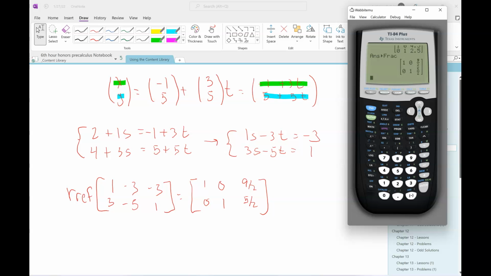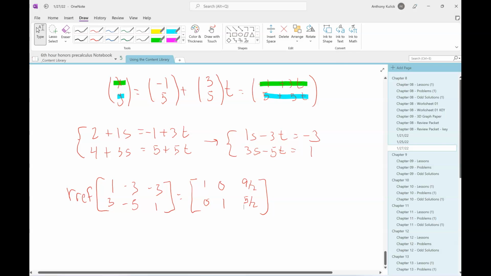Okay, now somehow Mr. Kulik says that the solution to my system is given to me by this matrix. So this is the way we interpret that. This first row is representative of an equation. Remember, the S's were in the first column, the T's were in the second column, and then equaled the answer.